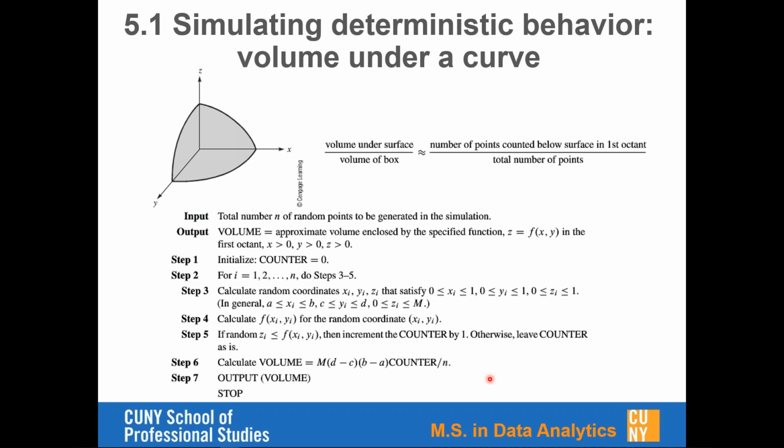If it's under the curve, increment the contour, otherwise we don't increment, and then at the end we use the proportion. Again, the proportion contour divided by n times the total volume that we have in the space that we were looking at, and then we could output the volume that is under the curve. So that is the second example that we have here for simulation.